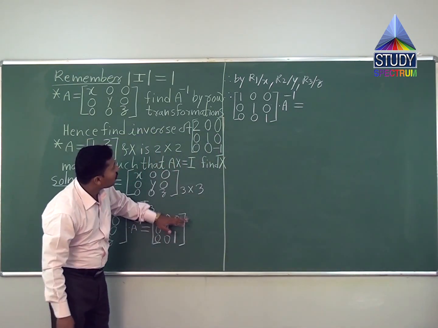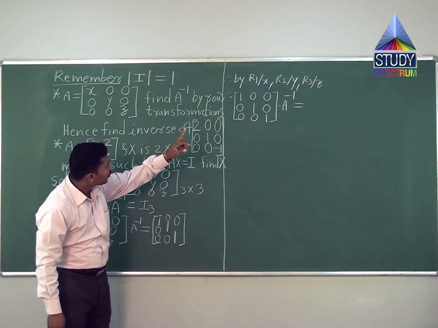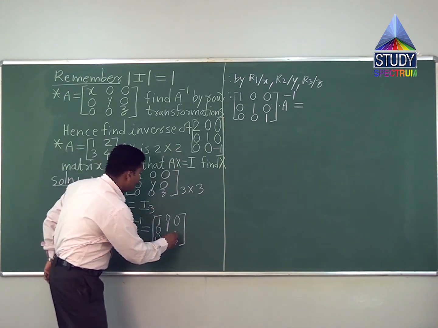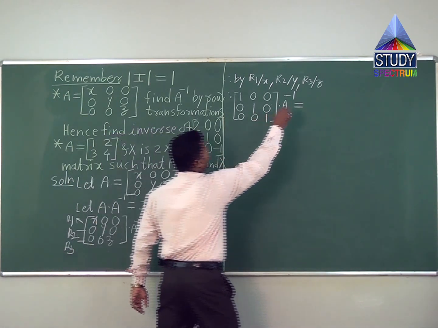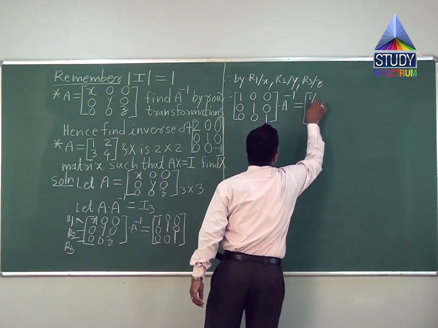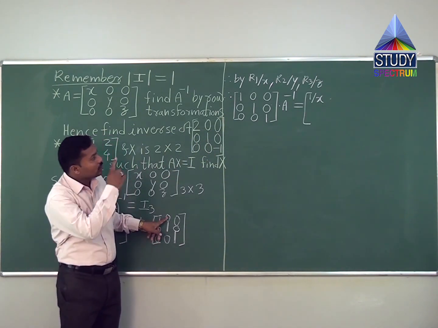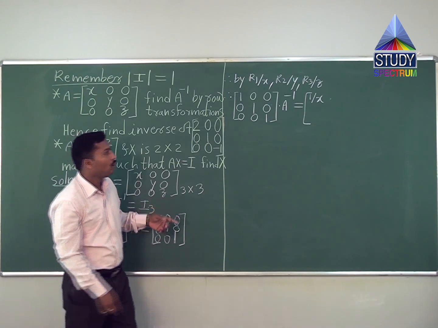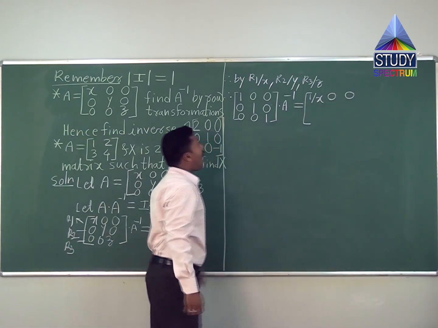similarly, first row divided by x, second row divided by y, and third row divided by z. So 1 divided by x here, and 0 upon x is 0, and 0 upon x again is 0.